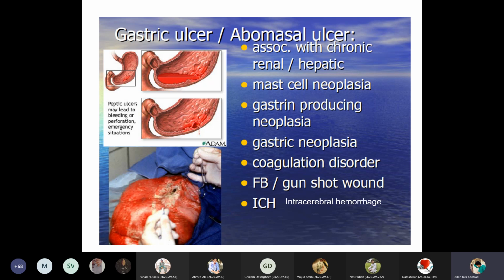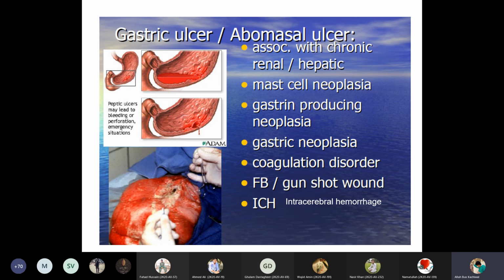So gastric ulcer, mostly it is well known as abomasal ulcer or gastric ulcer, because in simple stomach animals the ulcer always occurs as a gastric ulcer, and in large animals especially abomasal ulcers are observed.